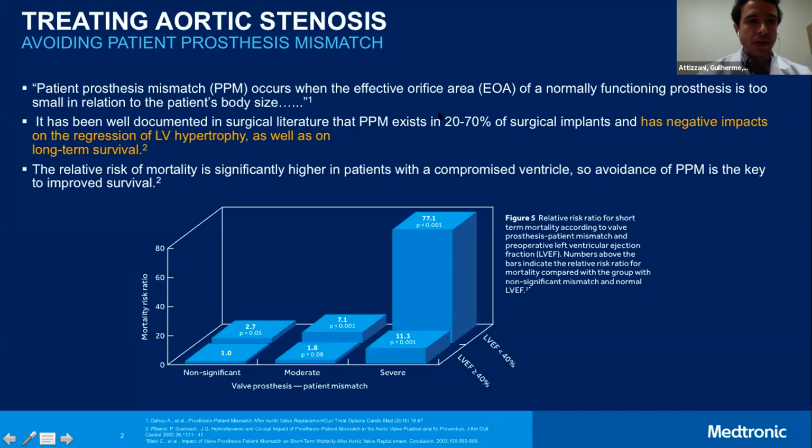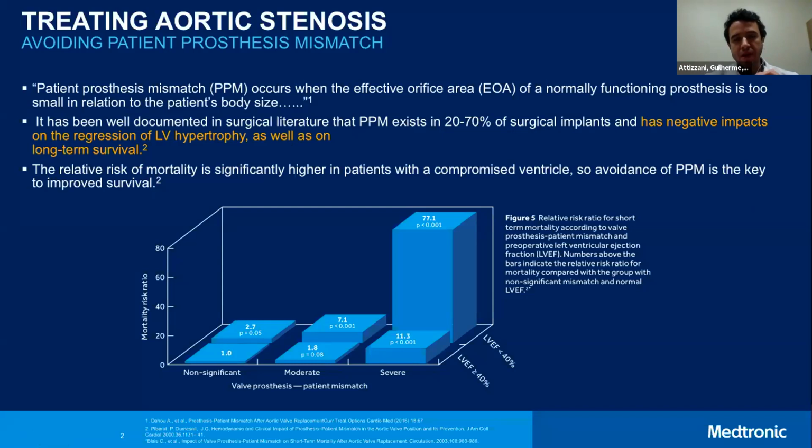Okay, so let's start our conversation here, discussing a little bit of patient prosthesis mismatch, which is a concept that has been around for many years, but more recently we have started hearing much more about it. It basically happens when the EOA of a normally functioning prosthesis is too small in relation to the patient's body size.